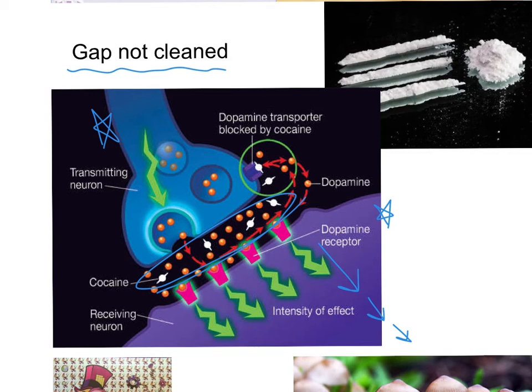And the reason for that is because cocaine, which is similarly shaped to a naturally occurring neurotransmitter, there's my natural neurotransmitter, cocaine is similarly shaped. So cocaine binds to the receptor due to it having the same shape, causing the bottom neuron to fire an action potential when it really should not be.